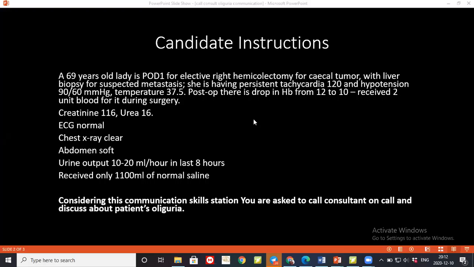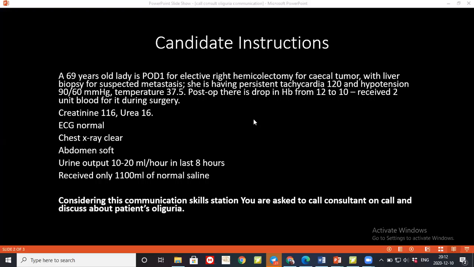Her creatinine and urea were borderline raised, and the abdomen was soft. She received only 1100 ml of normal saline, and her urinary catheter was not blocked. She also lost blood during surgery and received only 2 units of blood.